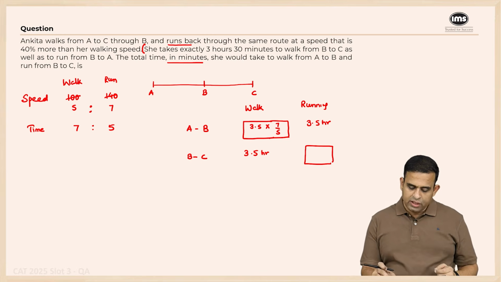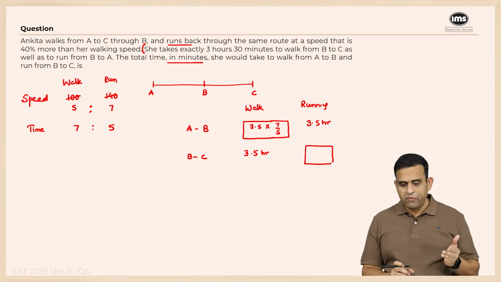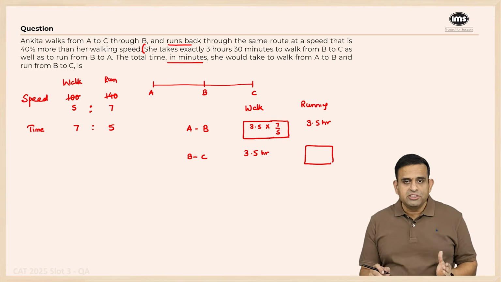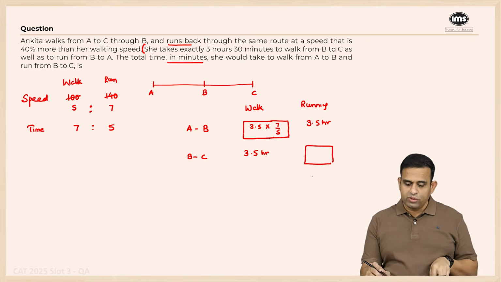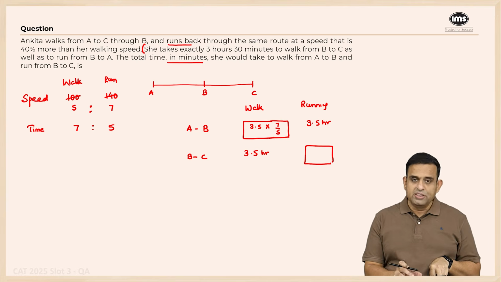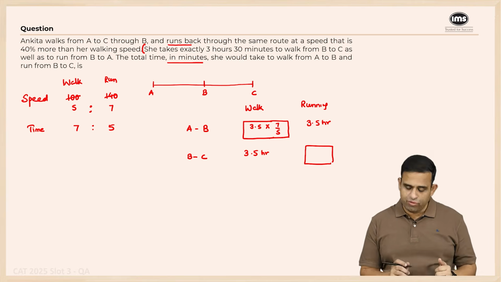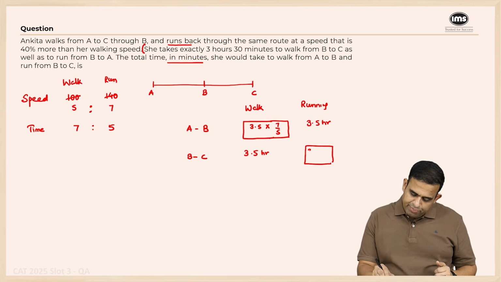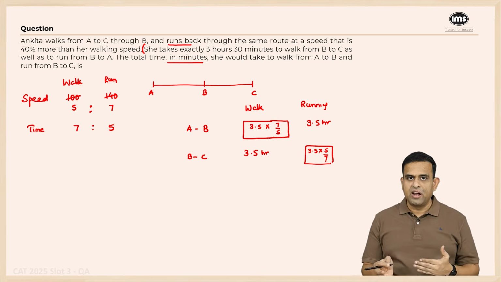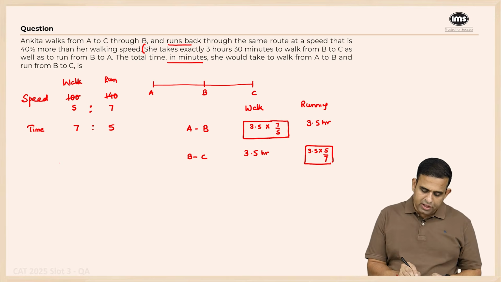Now what about this one? For the distance B to C, which I cover in 3.5 hours while walking, if I want to cover the same distance running, I will take less time, because the running speed is 7/5 of walking, so the time has to be 5/7 of this. So 3.5 into 5/7.